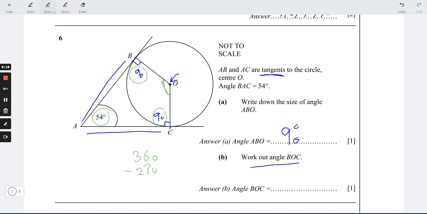For sure you can use your calculator, but here I like to explain it. 10 minus 4 is 6, 5 minus 3 is 2, and 3 minus 2 is 1. So it's 126 degrees.